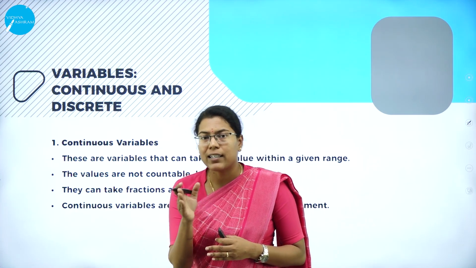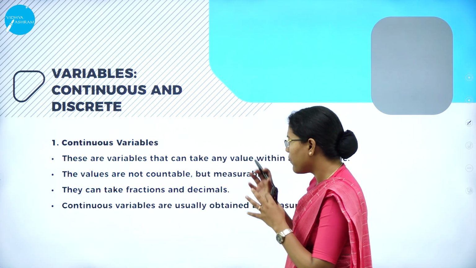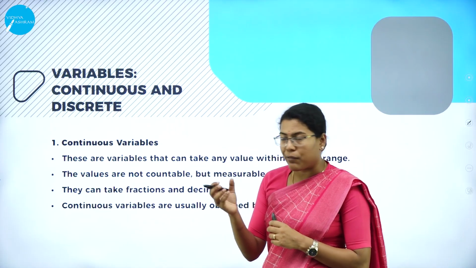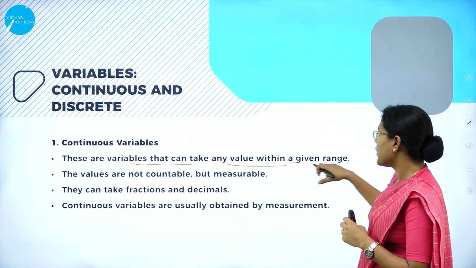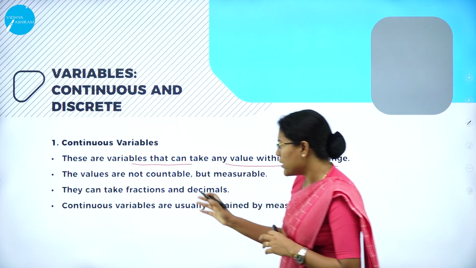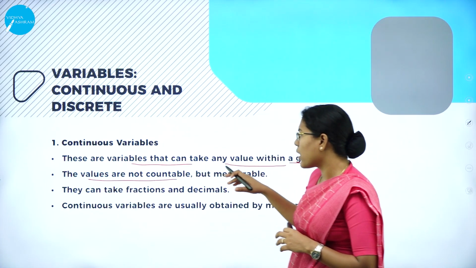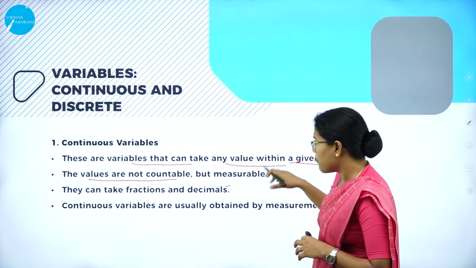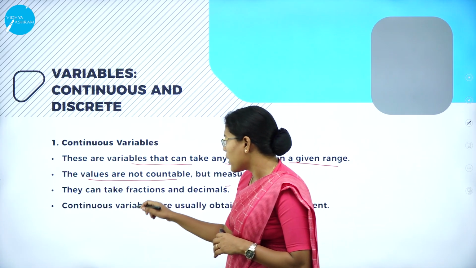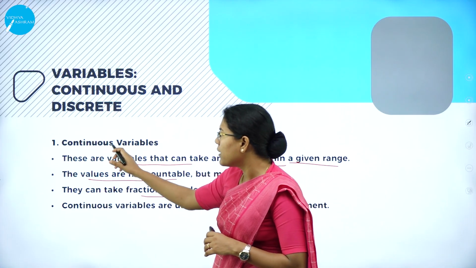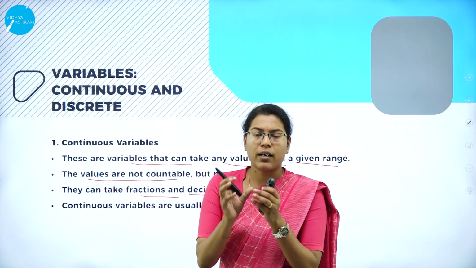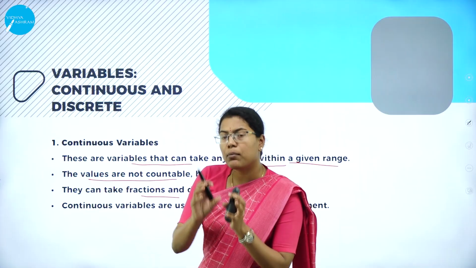So when we say continuous variables, these are the variables that can take any value within a given range. That means the values are not countable but measurable, and they can take fractions and decimals. Here it is called continuous. That means a number will not jump from one number to another.